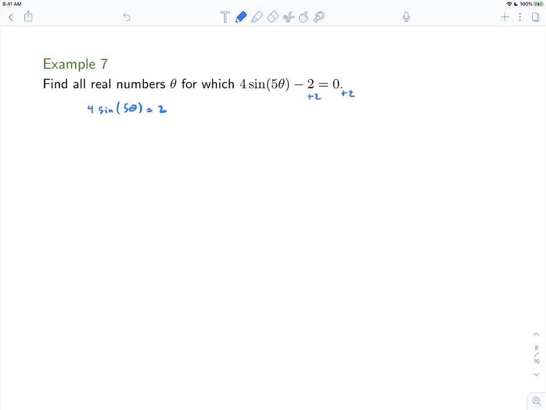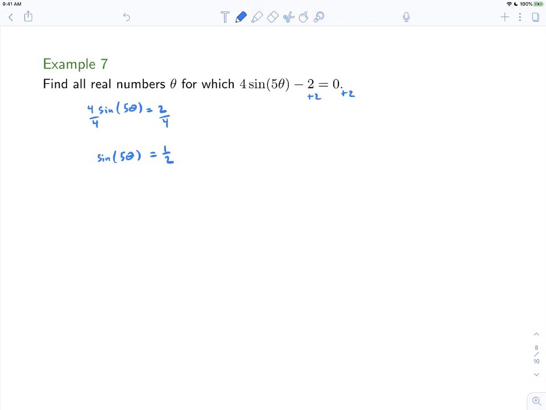And then we divide both sides by 4. So we're looking at sine of 5 theta equals 1/2. So now we're not looking for theta such that sine of theta is 1/2. We're looking for the theta so that sine of 5 theta is 1/2.